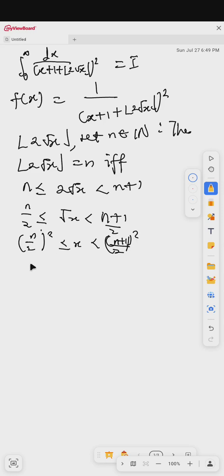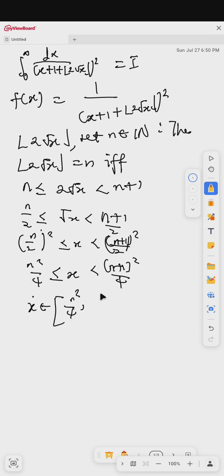So n squared over 4 is less than or equal to x, which is less than (n plus 1) squared over 4. So x is on the interval n squared over 4 comma (n plus 1) squared over 4.